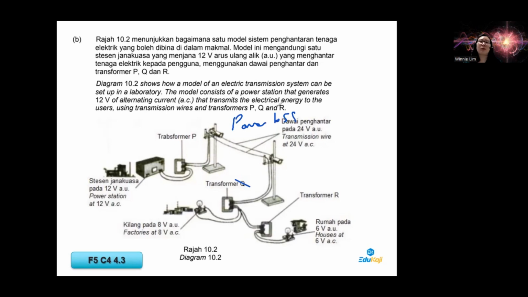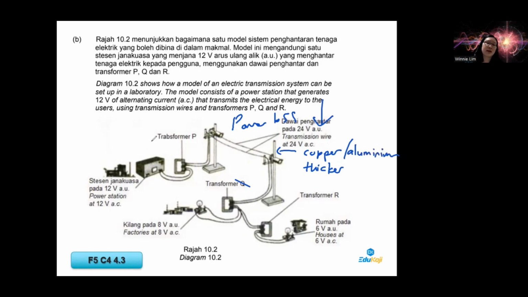If there is a power loss, then your purpose is you need to reduce this power loss. So in terms of material, normally we have a good material for the cable, you use copper wire, thick wire, a factor affecting the resistance, or reduce resistance concept. But normally we don't use copper also. Copper is indeed a very good conductor, but it's expensive so most of the time we actually use aluminium.